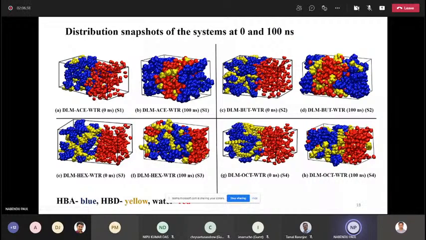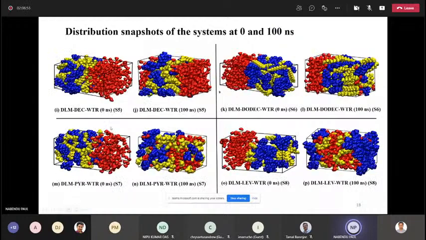Here we can clearly see that the water is still in the other phase from where it was initially. So from here, the hydrophobic nature or the stability is starting. After that, decanoic acid and dodecanoic acid show similar results, and in the case of dodecanoic acid, the hydrophobic nature is improving.